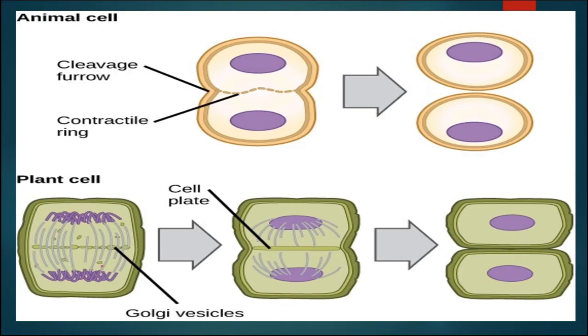But in the plant cell, the cell plate forms in the center and moves towards the periphery and finally cuts the cell into two, and at the end we get two daughter cells from the parental cell. This shows the different methods of cytokinesis in animals as well as plants.